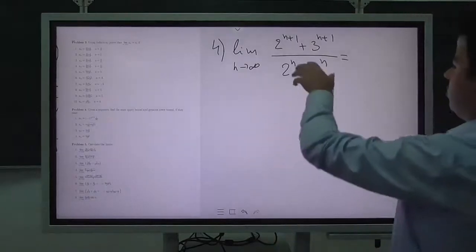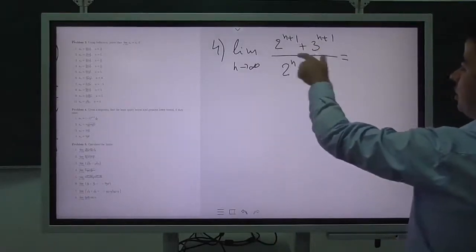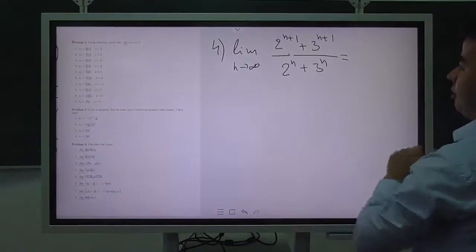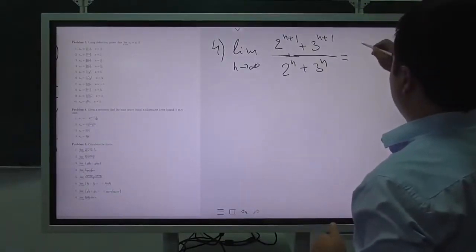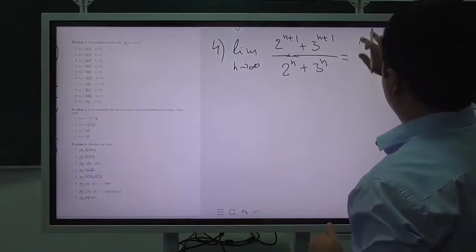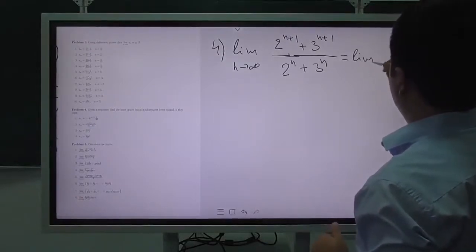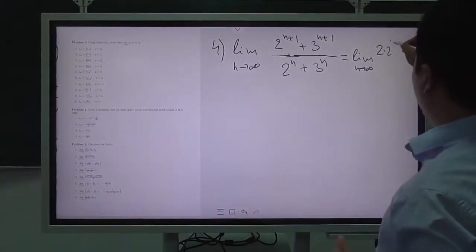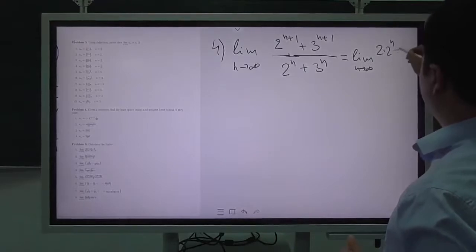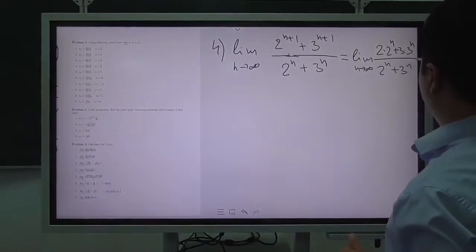Let's open 2 to the power of n plus 1 and 3 to the power of n plus 1. It is, don't miss the limit, 2 times 2 to the power of n plus 3 times 3 to the power of n over 2 to the power of n plus 3 to the power of n.